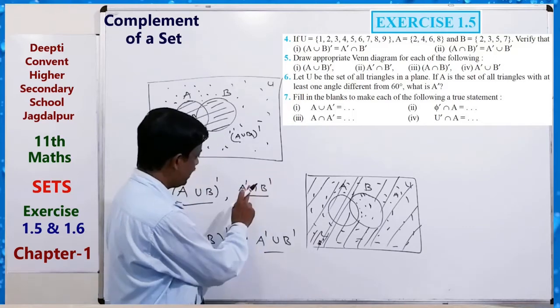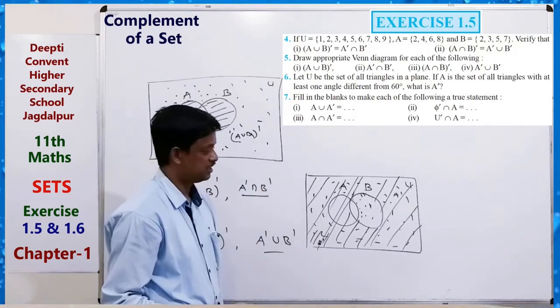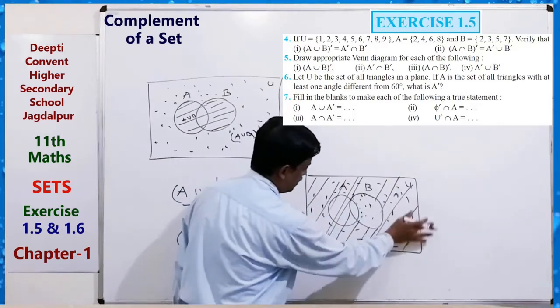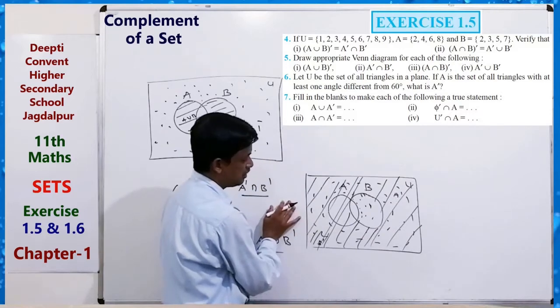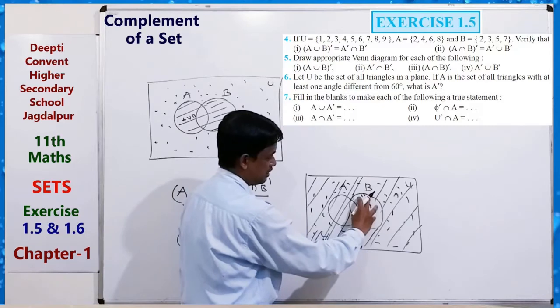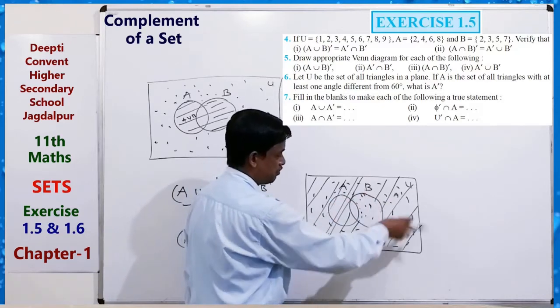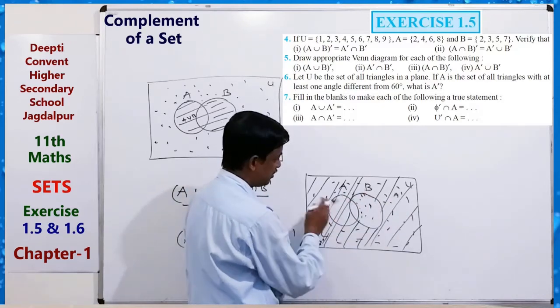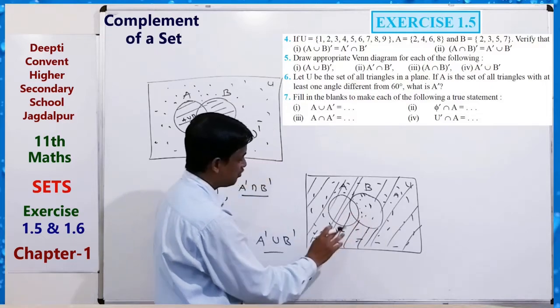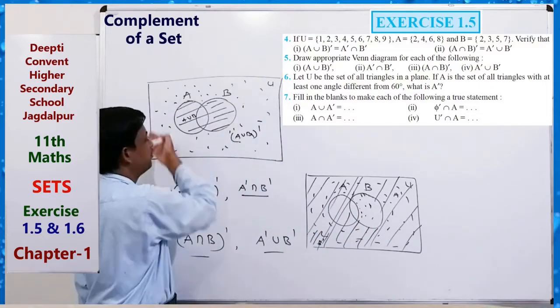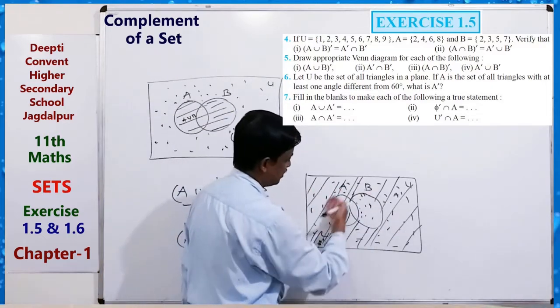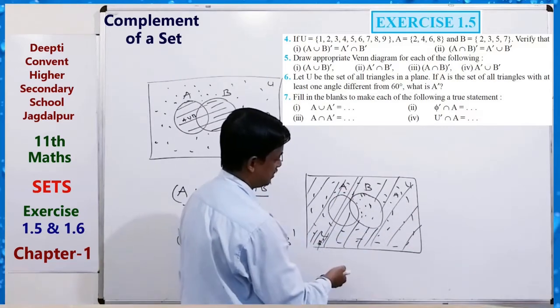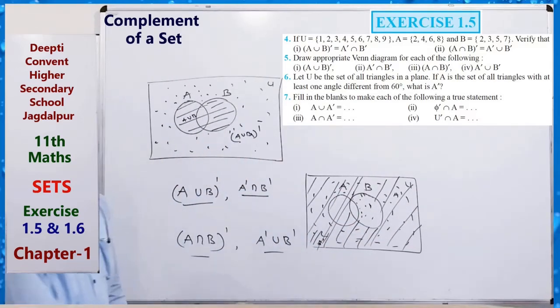So, the intersection of A dash and B dash is the complete part except this, except this also. Then the remaining part, what? Same. The intersection of that part. Okay.